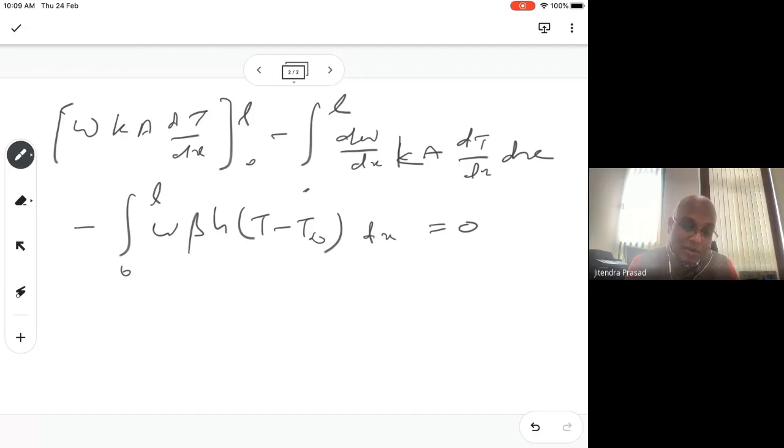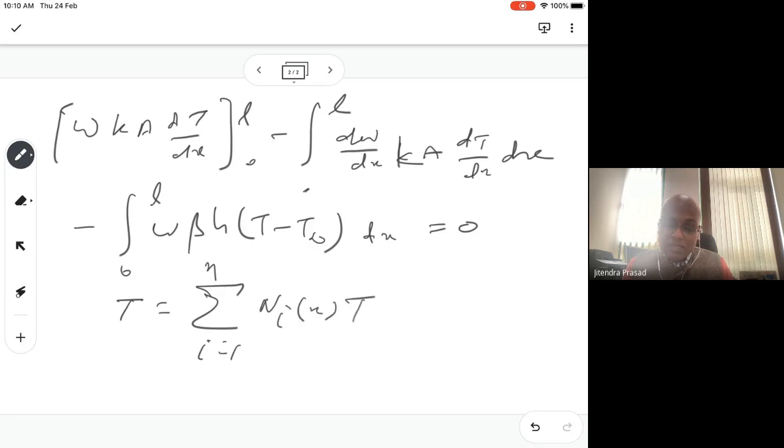You can now get W, T as a function of, now it depends on what kind of element you want to choose. Accordingly you can write, right? So this becomes sum over i equal to 1 to n, W_i times N_i times T_i.